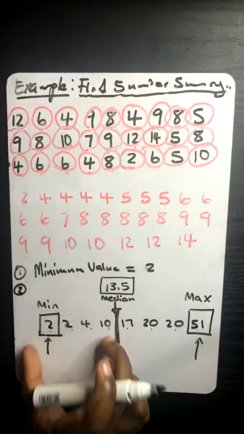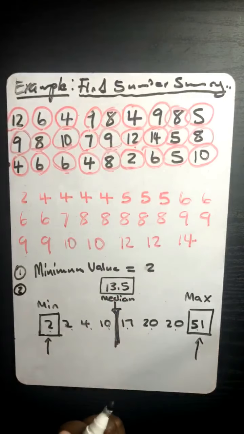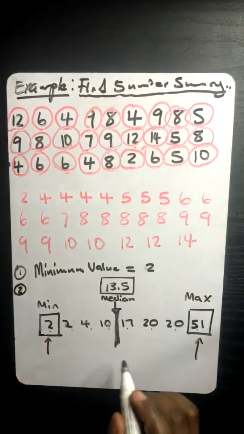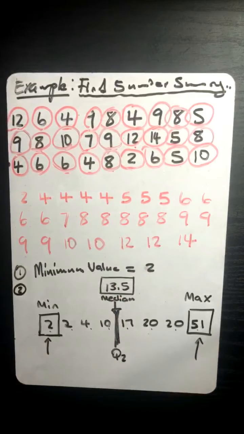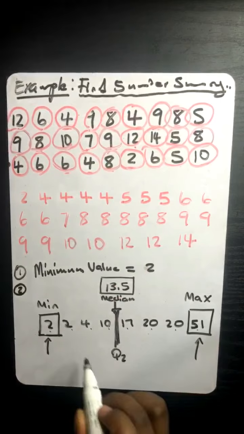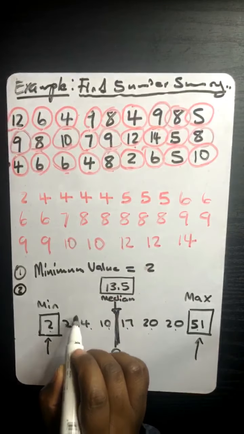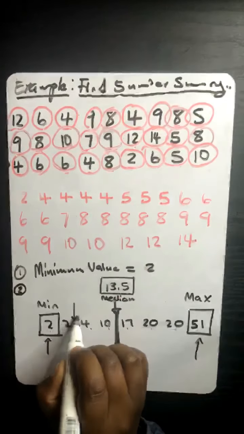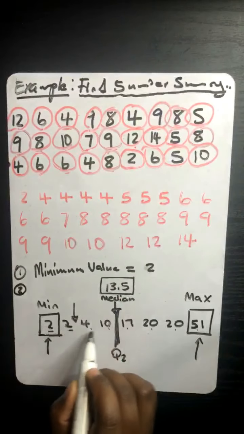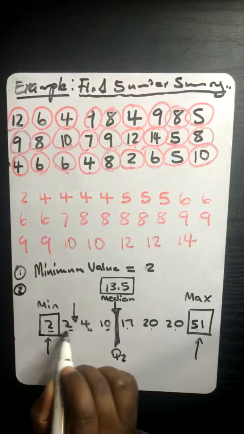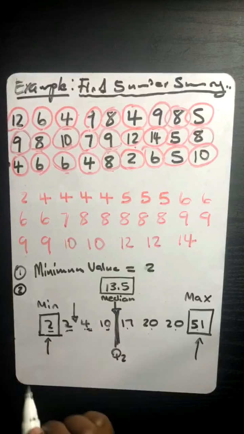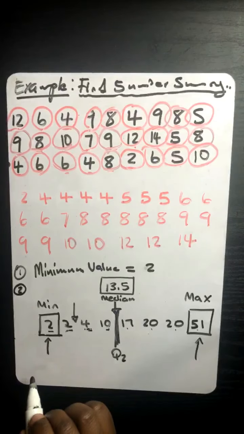This is going to be your Q1 and this is going to be your Q3, because Q2 is the middle value. So the middle here lies between two values, so you must add these two and then divide by 2.